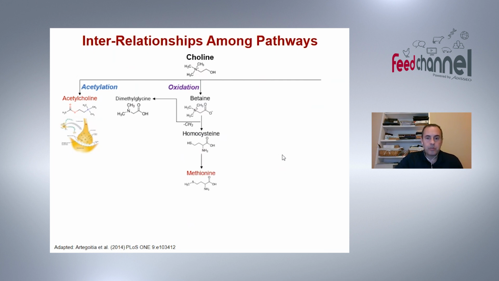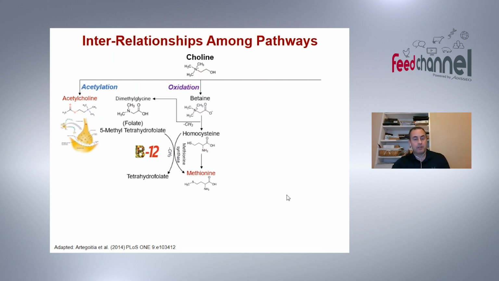Homocysteine can be used to resynthesize methionine through an enzyme called methionine synthase, in which homocysteine receives a methyl group from 5-methyl tetrahydrofolate. And just to be clear, this morning there was some discussion. I just want to point out that this enzyme here, methionine synthase, requires a cofactor, which is cyanocobalamin, vitamin B12.